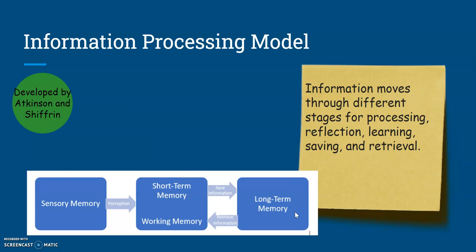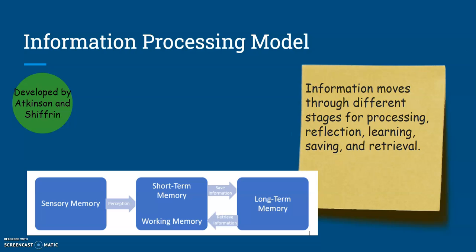So let's start by talking about the information processing model. Once again, this was developed by Atkinson and Shiffrin. In this model, information moves through different stages for processing, reflection, learning, saving, and retrieval.